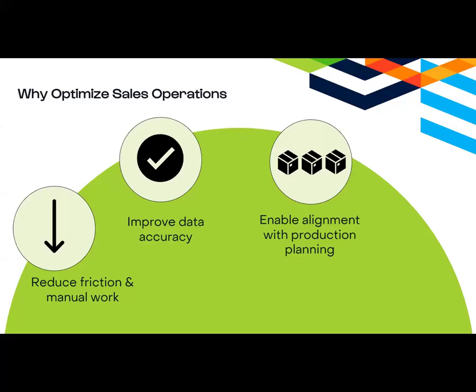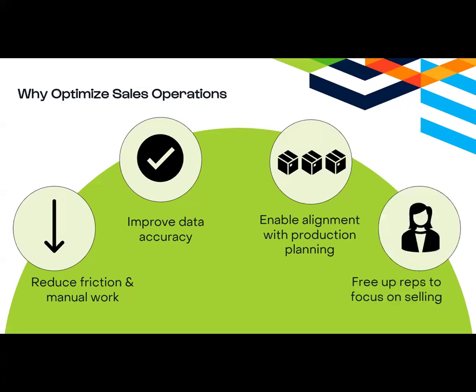We want to make sure that aligns. If a lot of that information is in an external source, like an ERP system, we're going to talk a little about how we connect Sugar to that ERP system so that we have that alignment. And we want to free up reps to sell. We don't want them just putting data in, importing data, or exporting data out and cleaning it. We want them to be selling. So whatever we can do to make that happen faster, the better.